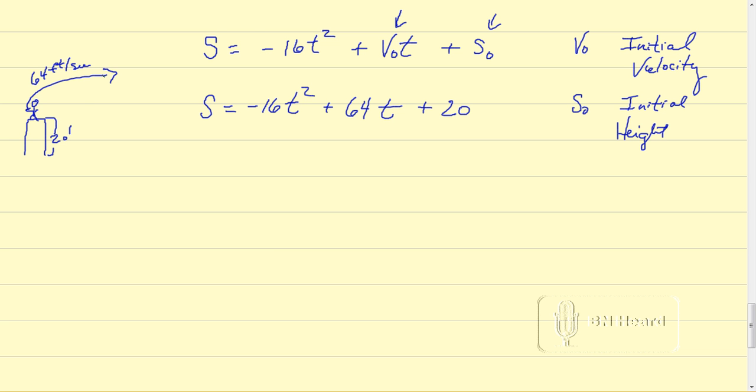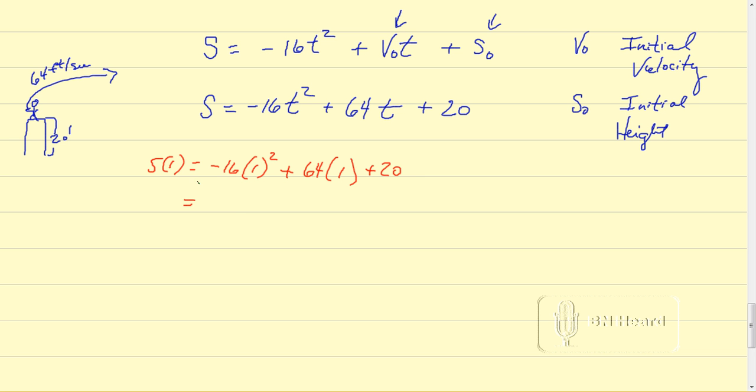Now, what can you use this equation for? Well, let's figure out how high the ball is after 1 second. So after 1 second, S of 1 would equal negative 16 times 1 squared plus 64 times 1, I'm simply putting 1 in for t, plus 20. So what would I have?